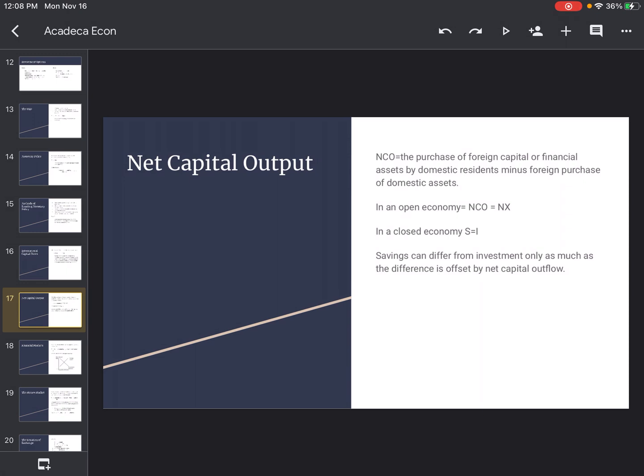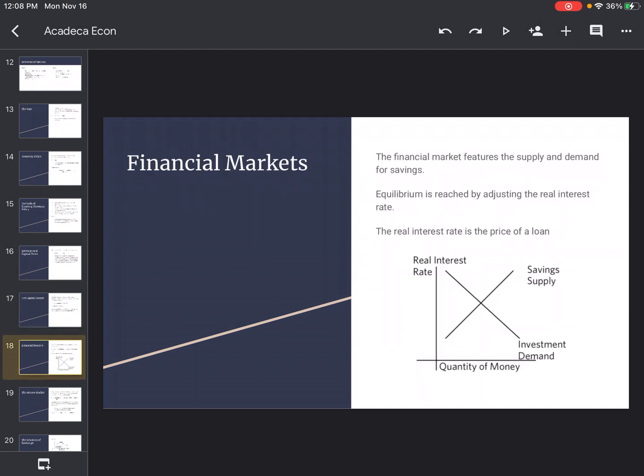S equals I plus NCO also works in an open economy to determine savings or net capital outflow. But because both of those equations are true, it's so reliant on NCO that the difference is offset by it. I understand that's confusing, and I probably worded it horribly, but I highly recommend looking at the cram kit. I'll say that right now.